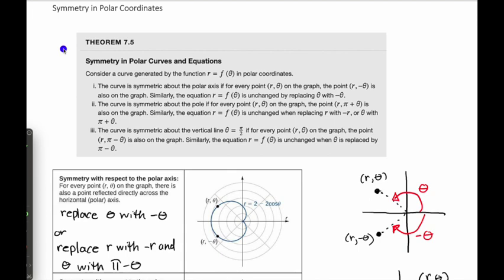Then if we plugged in a negative x into our function and got out negative f of x, then we have an odd function, meaning there's symmetry about the origin.